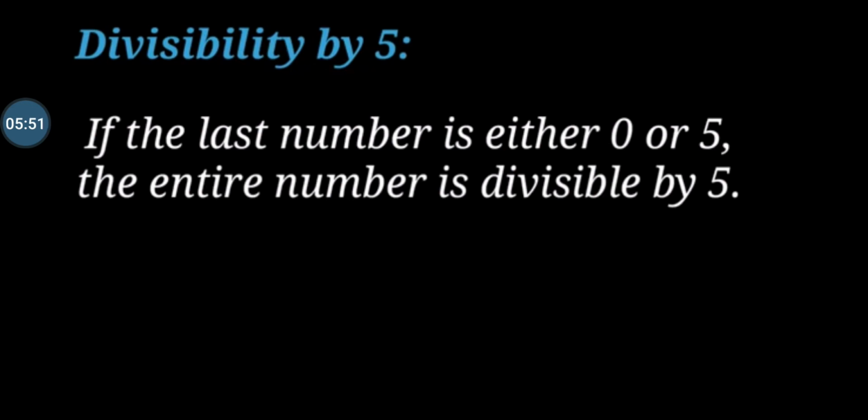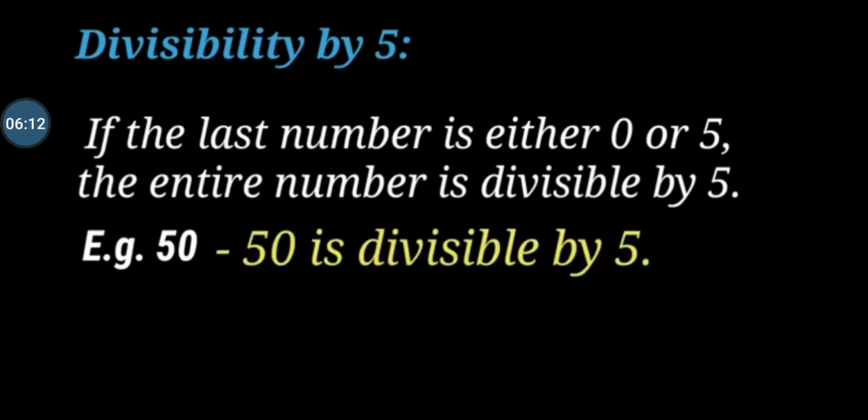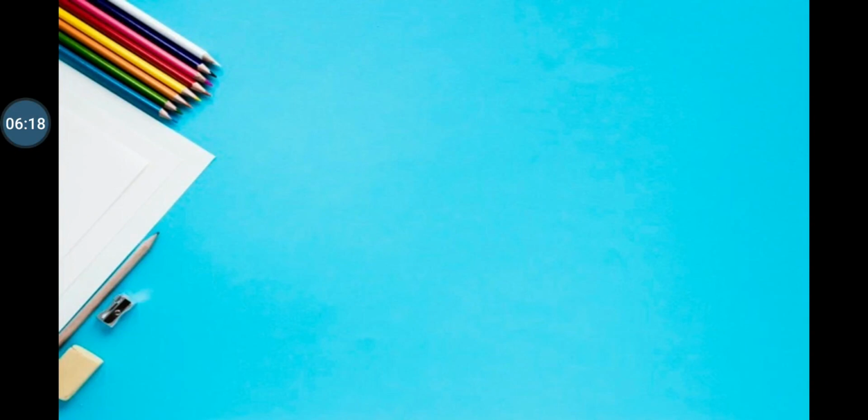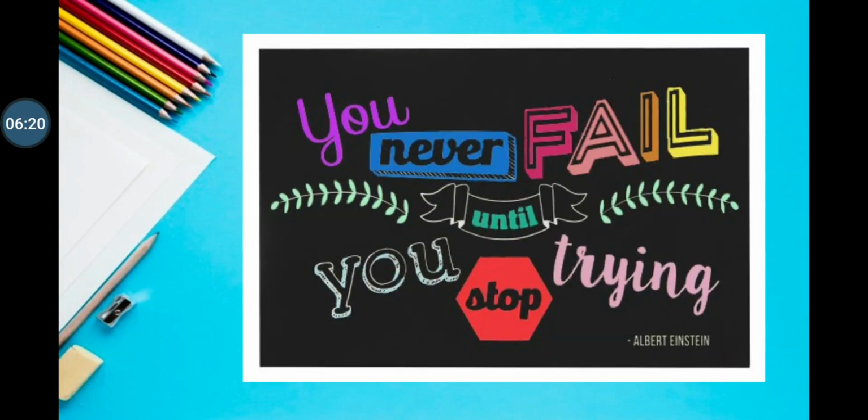Let's take one example. We have 50, so its ones place is 0. So it means the whole number is divisible by 5. So, I hope, my dear students, you understood the divisibility rules of 2, 3, and 5.